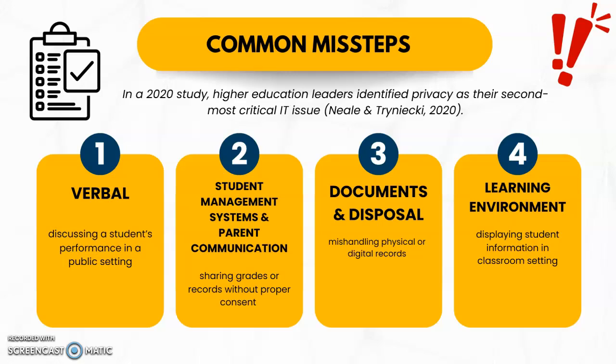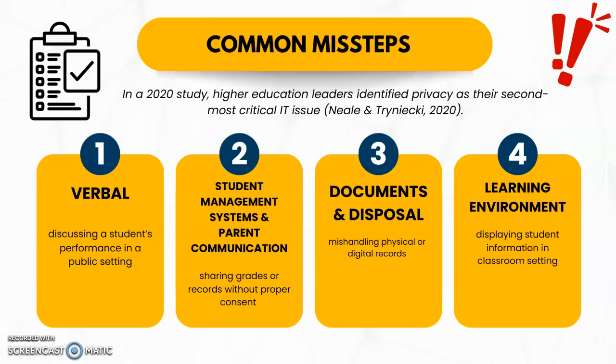Verbally, we can't be discussing a student's performance in any public setting. It would be very unfortunate to be out to dinner and the table next to you is talking about and using a student's name, going over information about grades, behaviors, etc. So we need to be protecting students' rights outside of our educational setting as well.